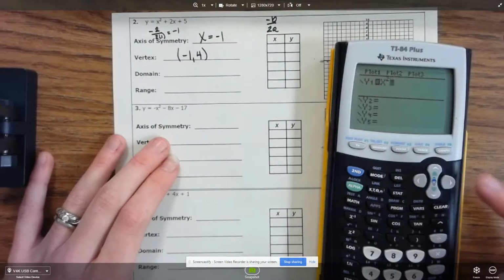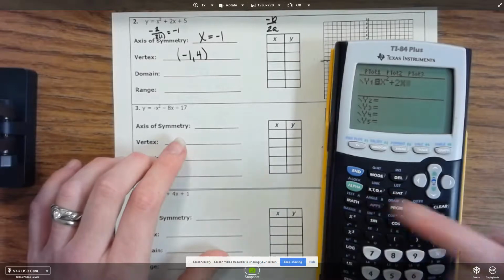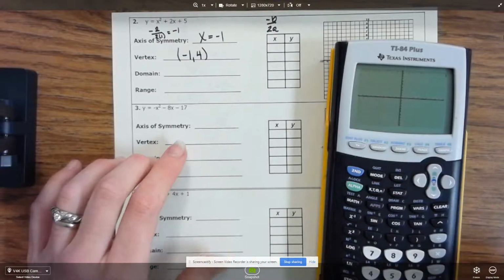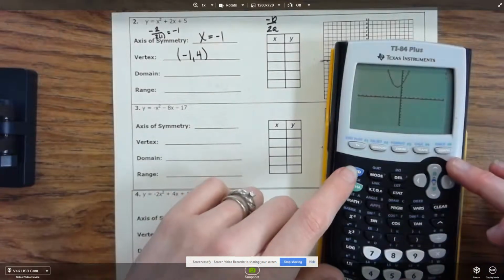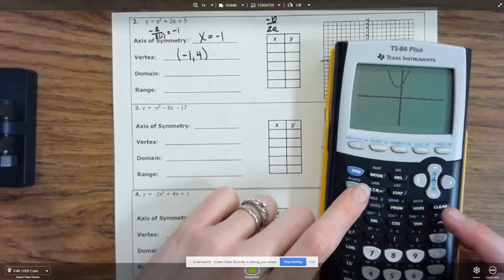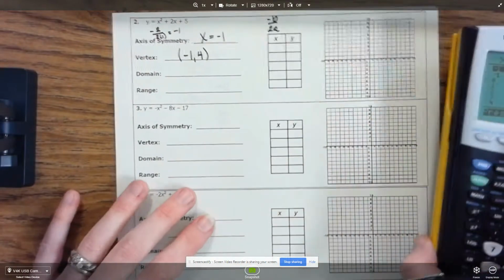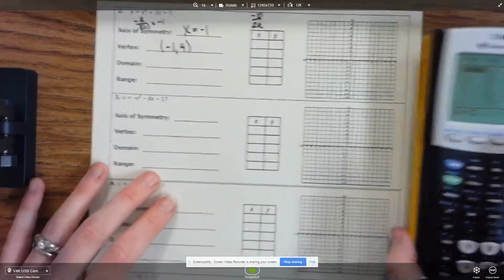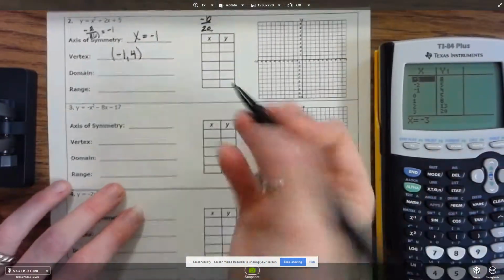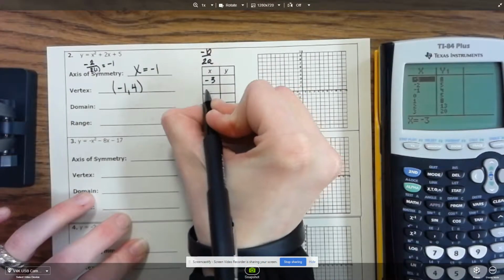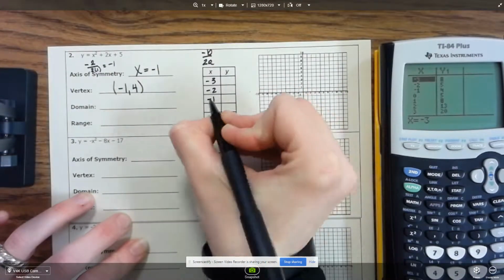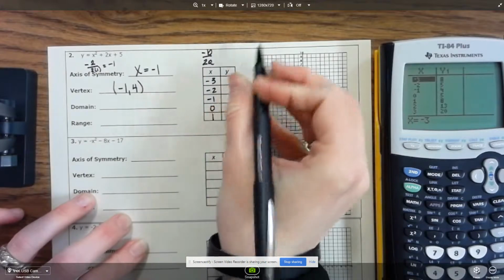And then we have x squared plus 2x plus 5. There's my table. We're going to start at negative 3 this time: negative 3, negative 2, negative 1, 0, and 1.